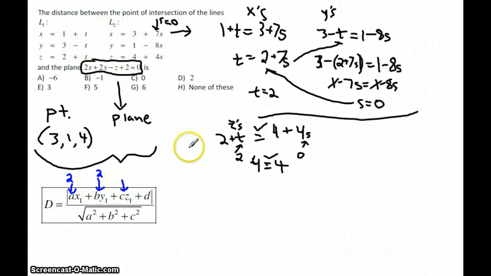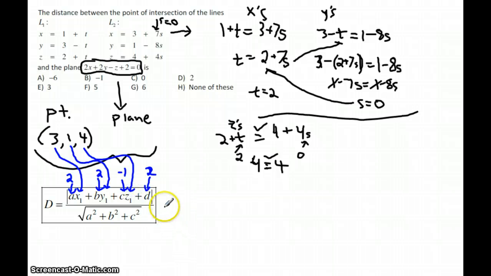Okay, great. And the x1, y1, and z1 in this formula are from the point, so x1 is 3, y1 is 1, and z1 is 4.